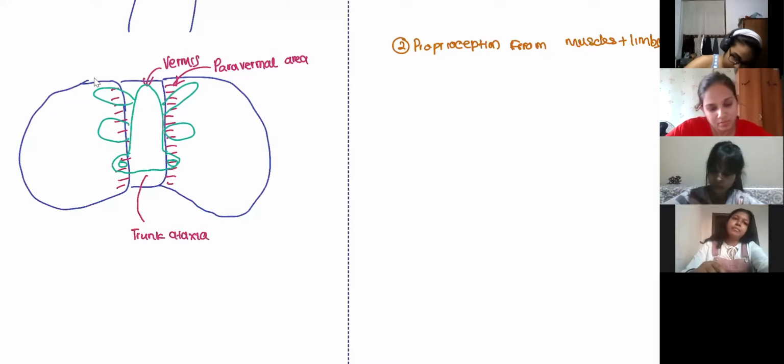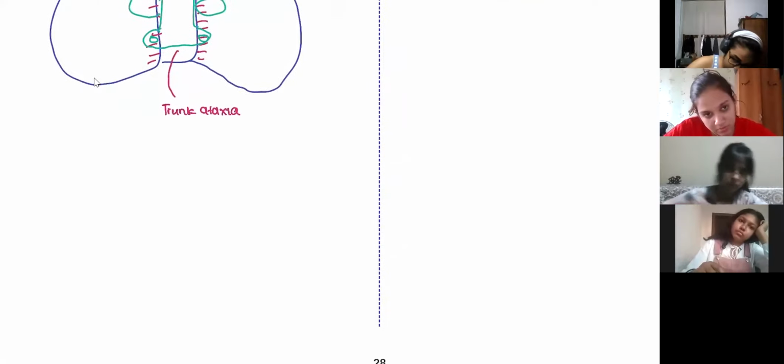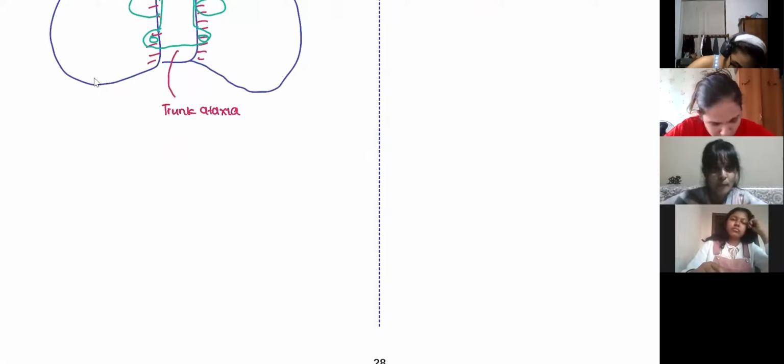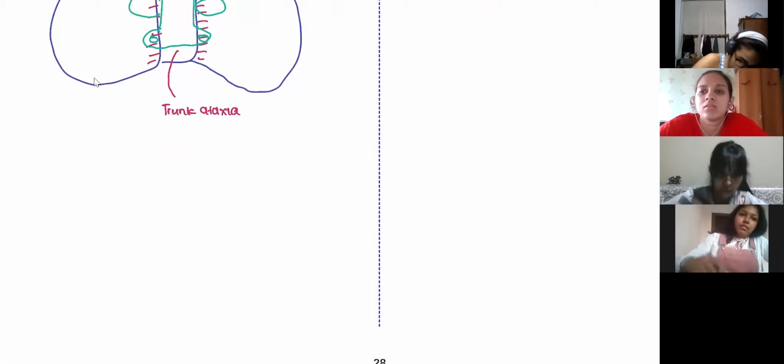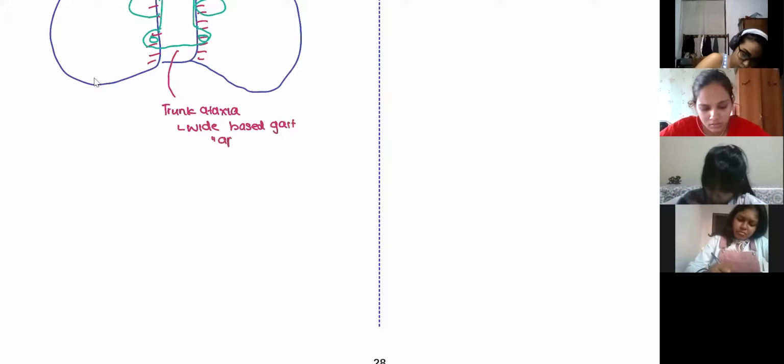What this means is the person will have head bobbing. They will also have something called a wide based gait. They basically appear drunk.